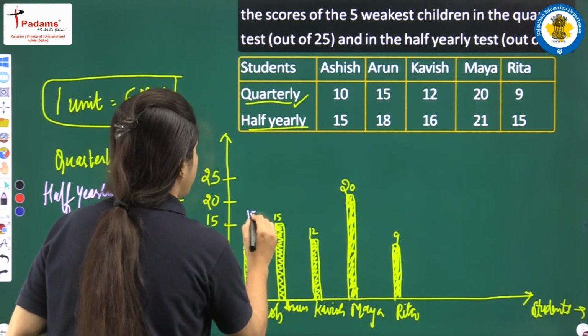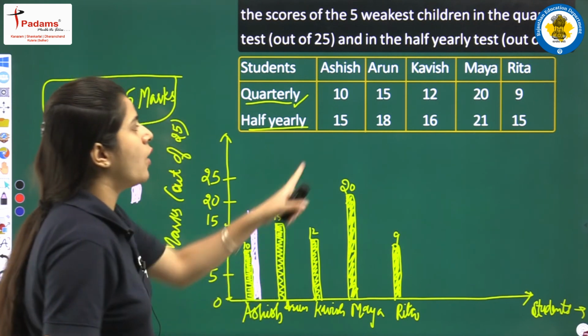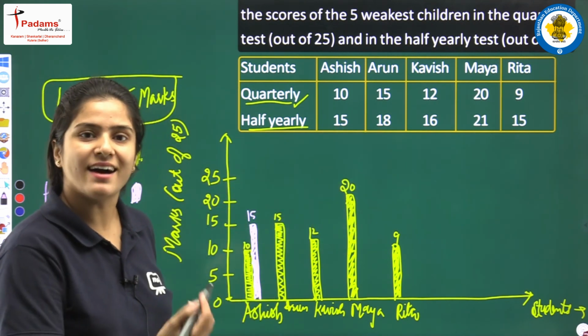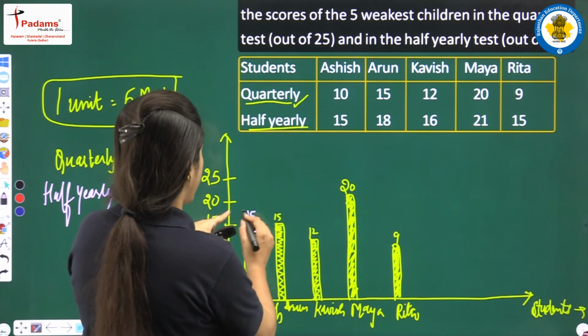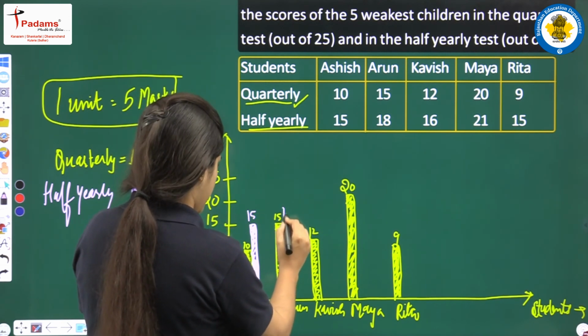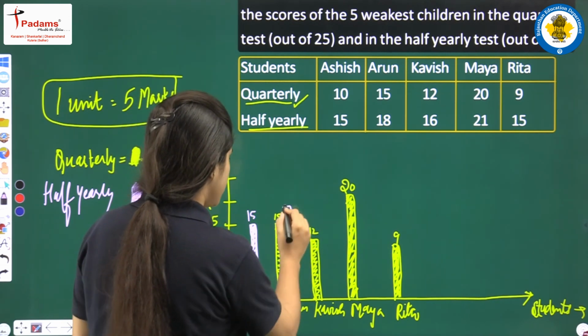So Ashish is getting 15 marks. Now Arun is getting 18 marks in the half yearly test. 18 is close to 20, right students?